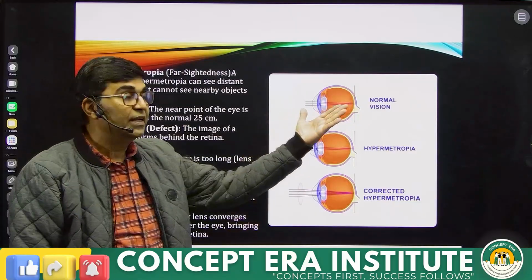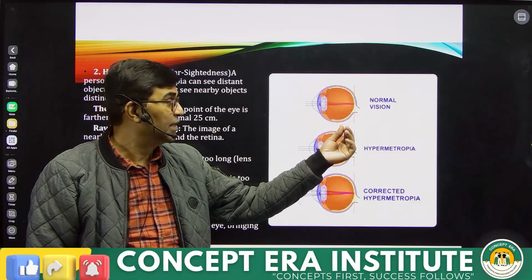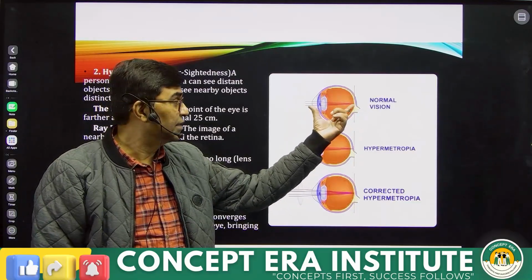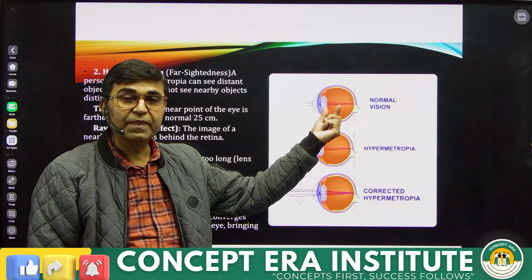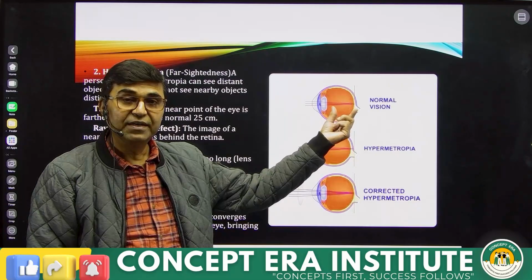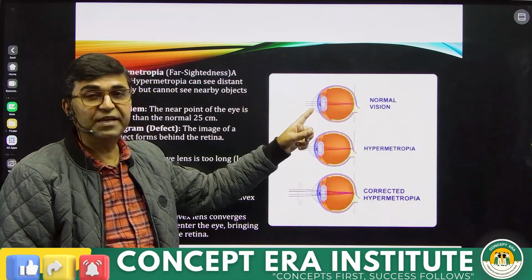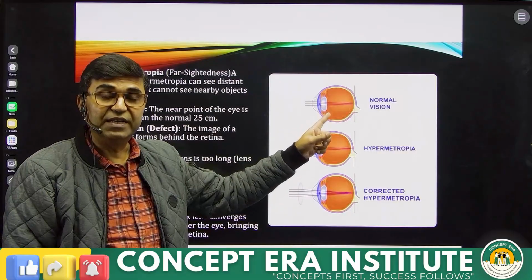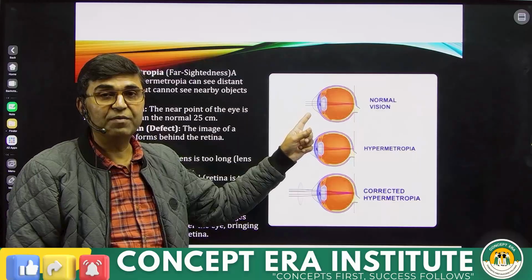Second, the eyeball has shortened due to some reason. The radius of the eyeball has decreased. Even if it decreases by 1 or 2 millimeters, we will suffer from this defect. So the two causes are the excessively small curvature of the eye lens and the shortening of the eyeball.